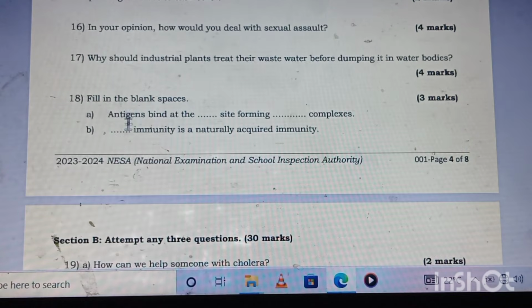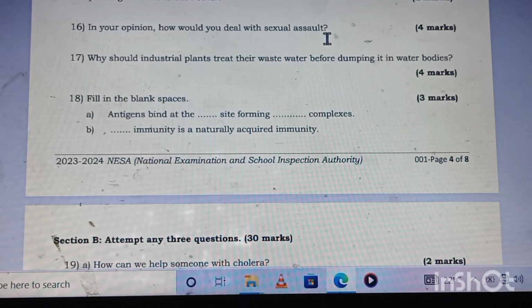Question number 16. In your opinion, how would you deal with sexual incidents? In your opinion means in your own words. Here we have different opinions, which means we can respond differently. But let me give the main way you can answer that question.